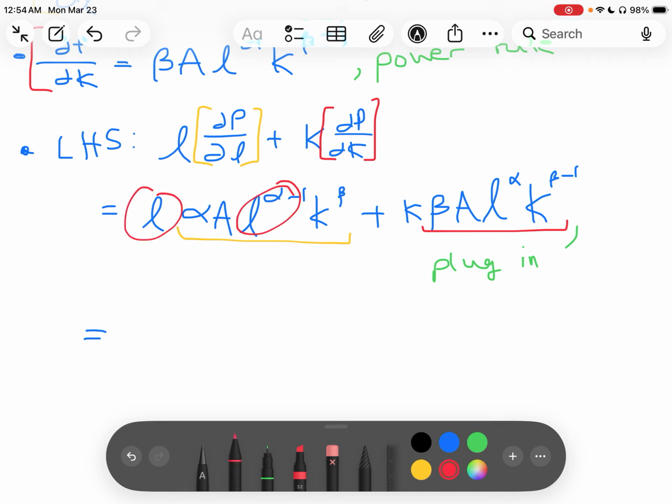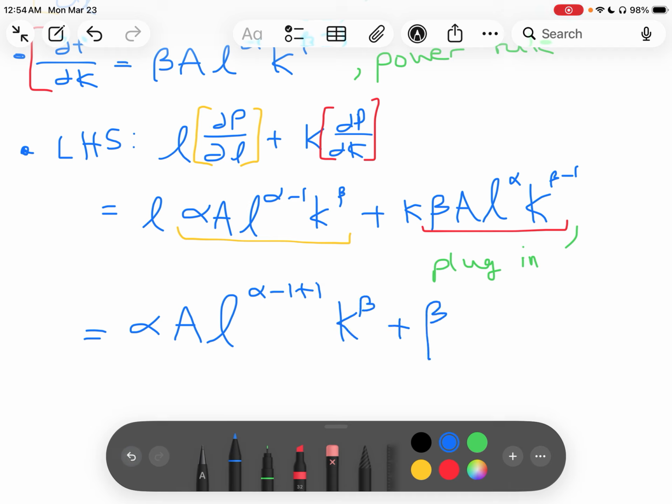Notice that there's two L's here, and when you multiply the L's, really you just add the exponents. So this is like to the power of 1. So here, alpha minus 1 plus 1 would just be alpha. So we have alpha A, L to the alpha minus 1 plus 1, K to the beta, plus your beta.